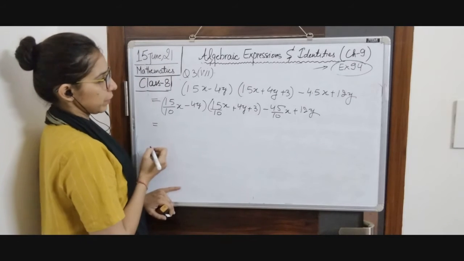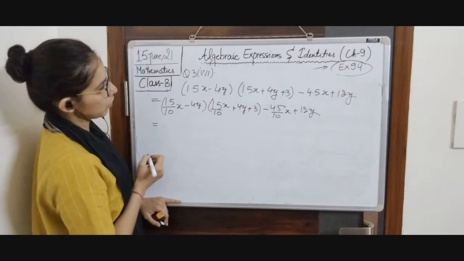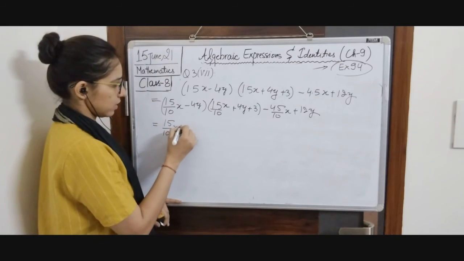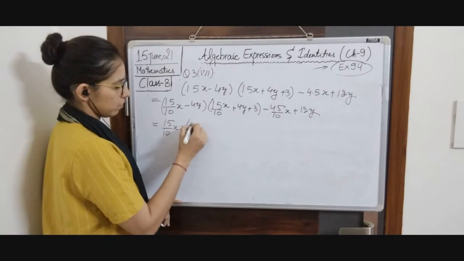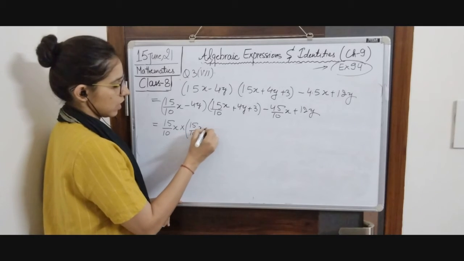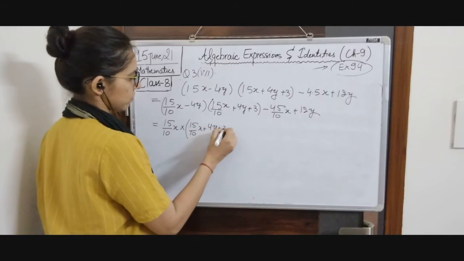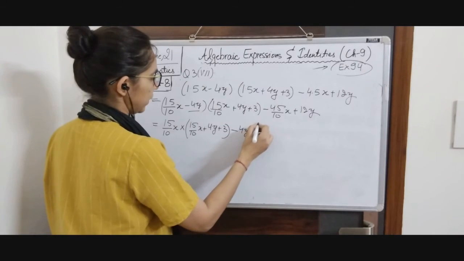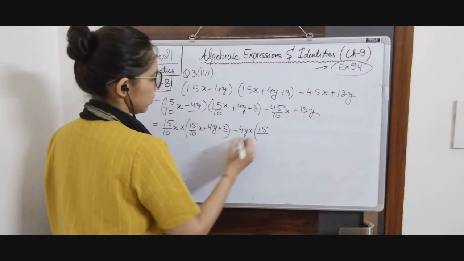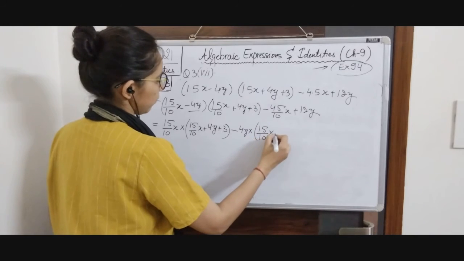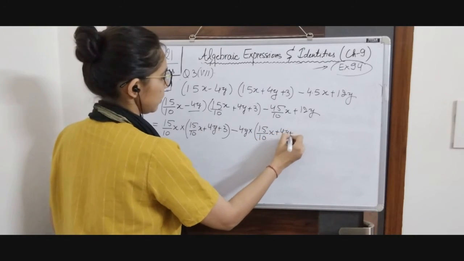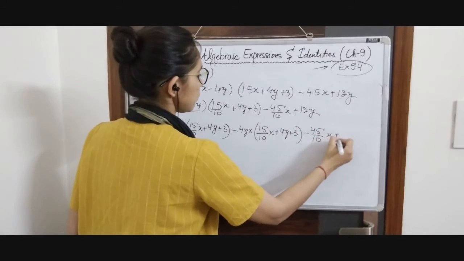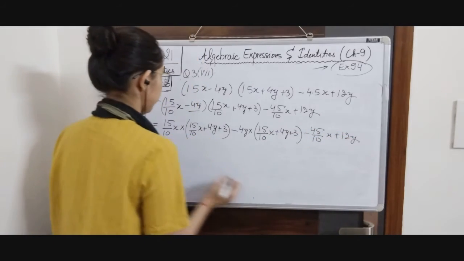Now I am going to multiply these expressions, polynomials. (15/10)x into (15/10)x + 4y + 3. The second term is minus 4y, so I am going to multiply it with the trinomial given, 15x + 4y + 3, minus (45/10)x + 12y as it is.